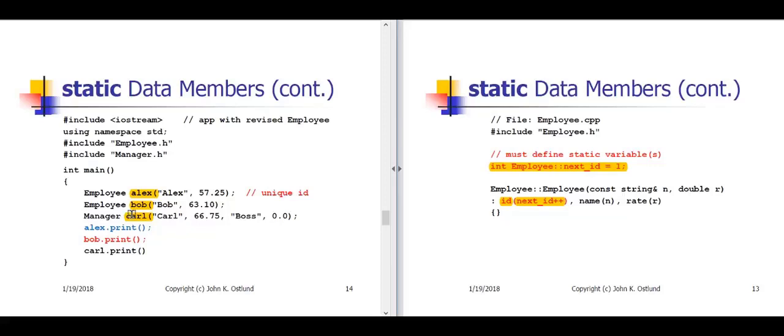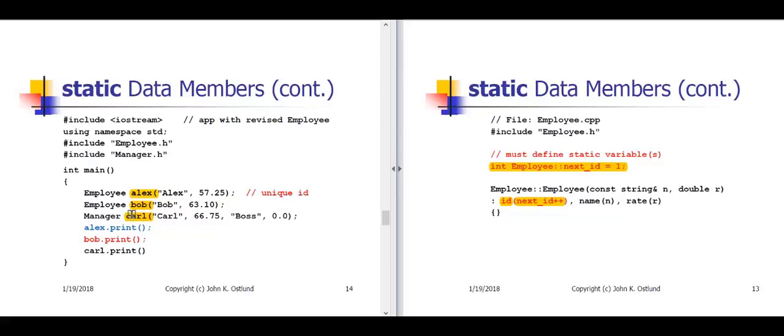So the manager constructor, which we're not showing, will first invoke the employee base class constructor, passing down Carl and 66.75. Carl's ID will be initialized with 3, after which nextID is incremented to 4. Carl's name will be the string Carl.